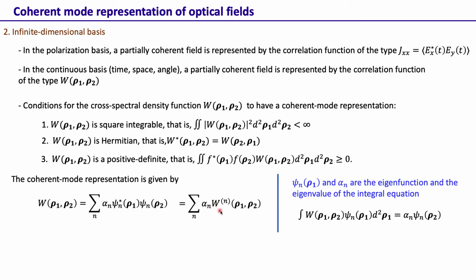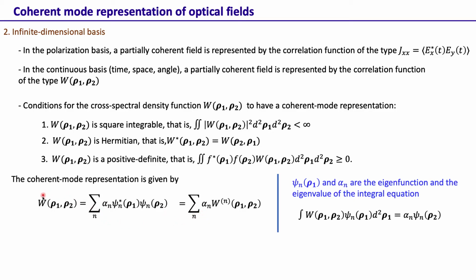And if we have n such modes, whatever the number is, with those many modes we can represent this field. So this field, which is partially coherent, can be represented as a sum of fields that are completely coherent. And we can see why they are completely coherent: these W's are represented by just the product and not the ensemble average.